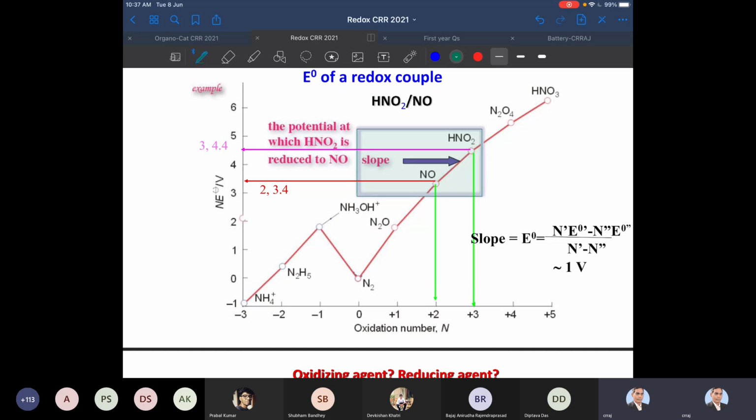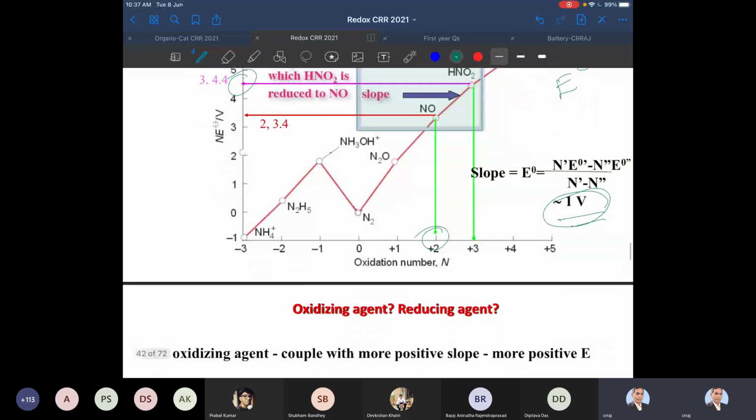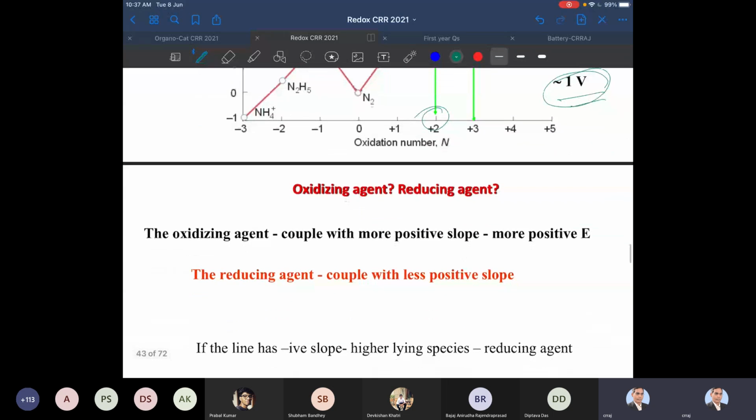So what I do, again a repetition, is find out the n value, find out the oxidation state, and then find out the slope, which is the E0, and it turns out to be 1 volt. So I will be able to predict the property by looking at the slope, which in turn gives the E0 value, and then I predict the property of the particular redox couple.